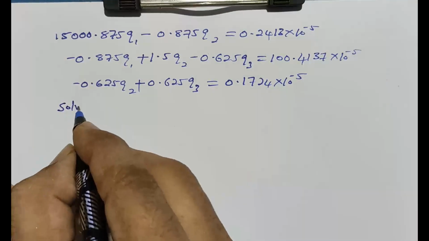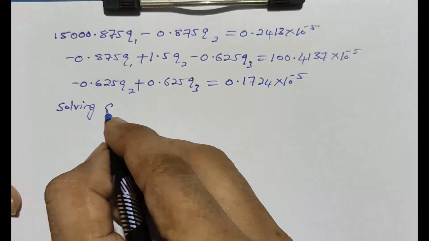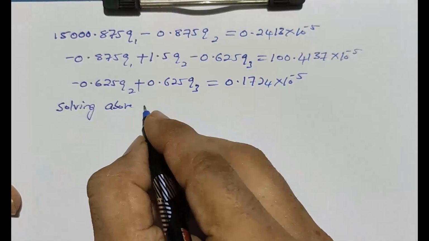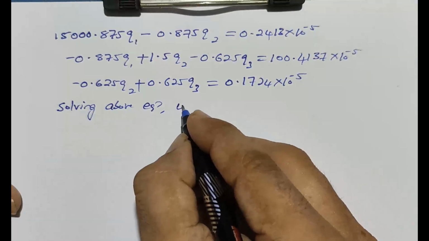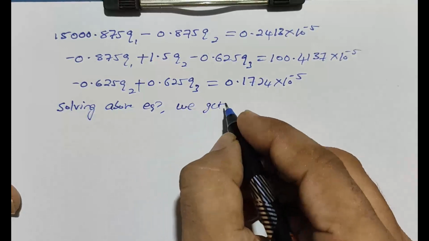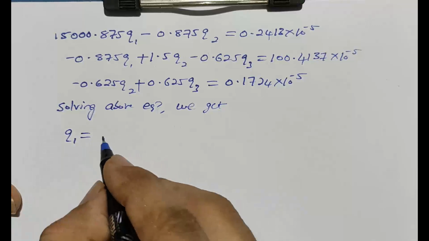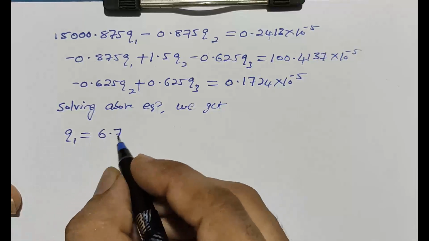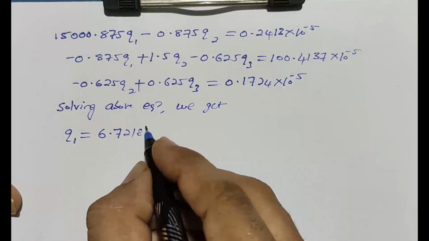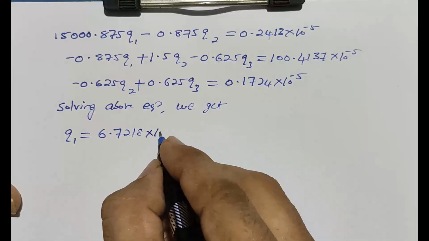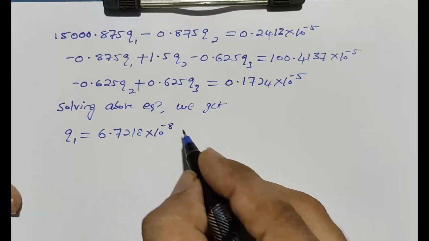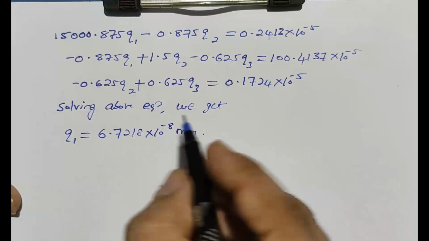Solving above equation, we get Q1 is equal to 6.7218 into 10 power minus 8 mm.